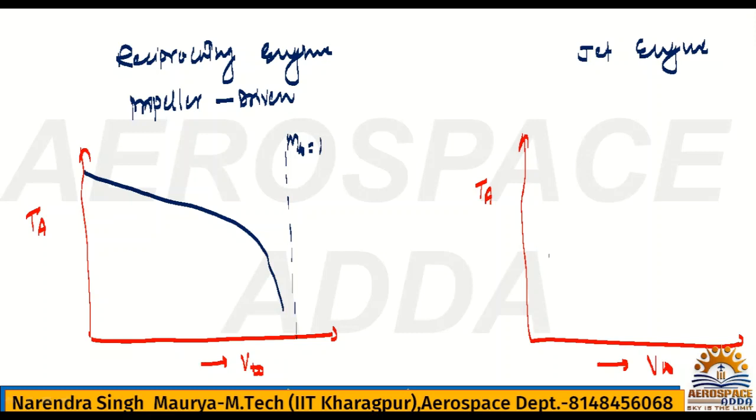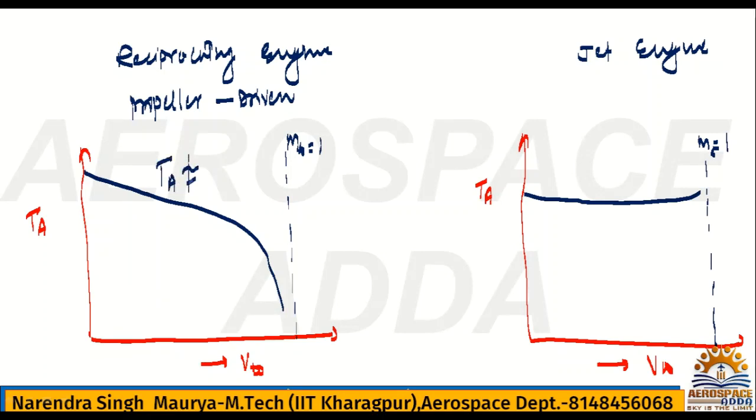But in the case of the jet engine, it will be almost constant. That is the reason you are able to fly at supersonic speed. Turbojet engines are used for supersonic jet aircraft because even above Mach 1 they give good performance, I mean good thrust. But in the case of the reciprocating engine, you may lose the thrust, so thrust available will not be constant.